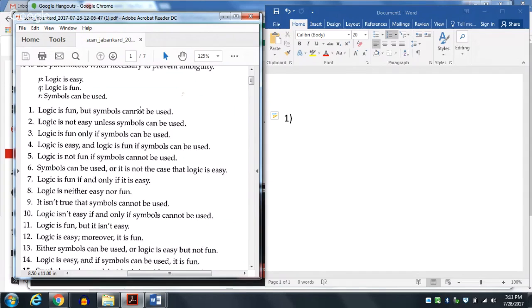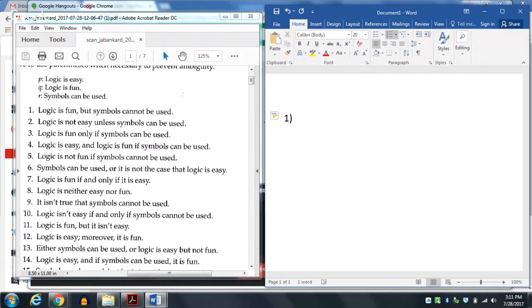If you bring up the logic key that I gave you, it shows you a bunch of the conditional statements, conjunctions, disjunctions, and biconditionals. One of the things under conjunction, the and, is the but here. So logic is fun, but symbols cannot be used, can be translated.